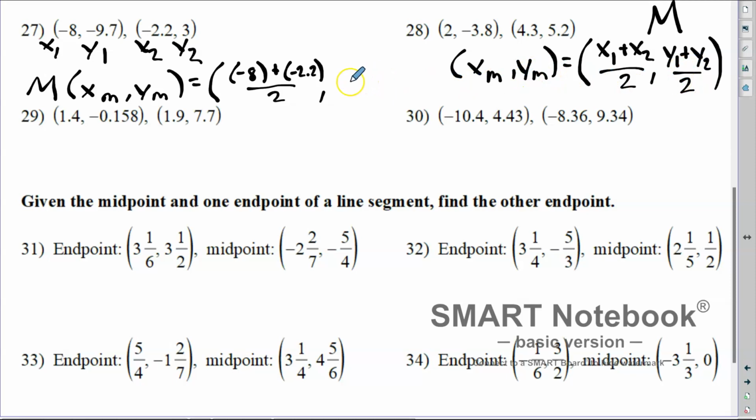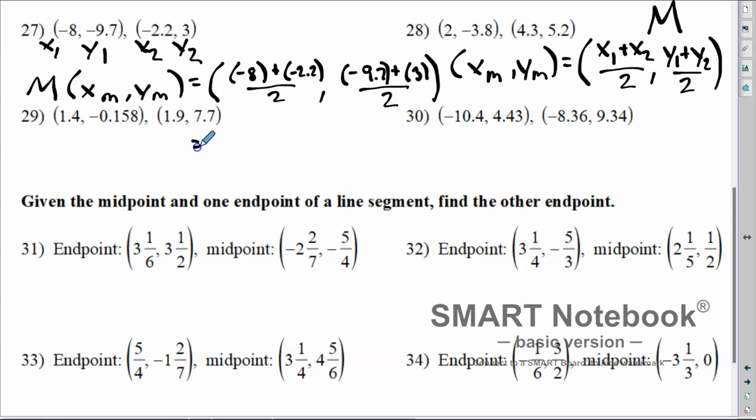So I need y1 plus y2, which is negative 9.7 plus y2. Notice that as you're in class talking with your shoulder partner, you can get confused, so label things so you don't make silly mistakes.